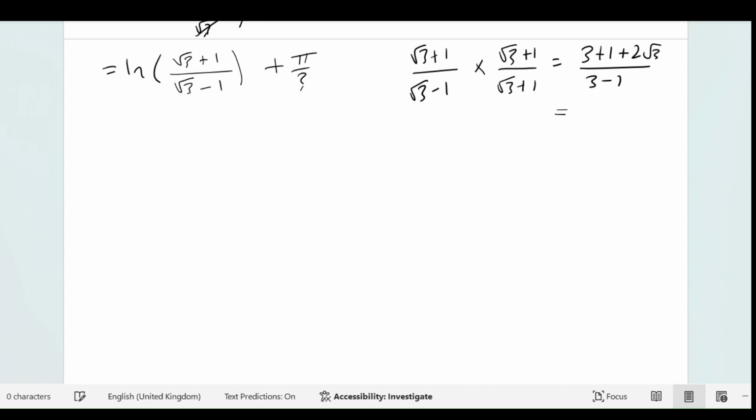So this is equal to 4 plus 2 root 3 all over 2, which is equal to 2 plus root 3. So our final answer is that this integral is equal to ln of (2 plus root 3) plus pi over 3. So that is the end of that question. We've got the final answer.